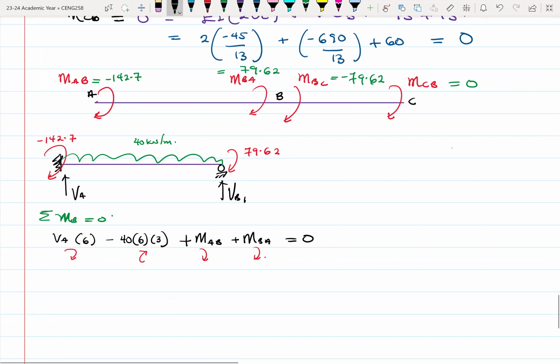So we get 6VA minus 40 times 6 times 3, which gives us 720. So minus 720, plus MAB, but MAB is negative, so it becomes minus 142.7, plus 79.62.